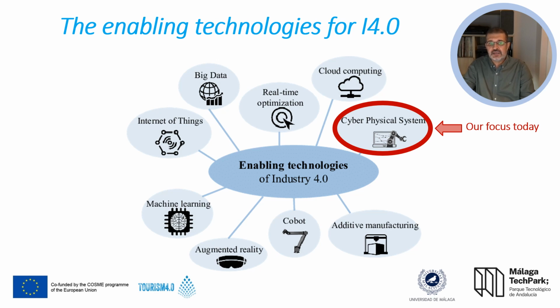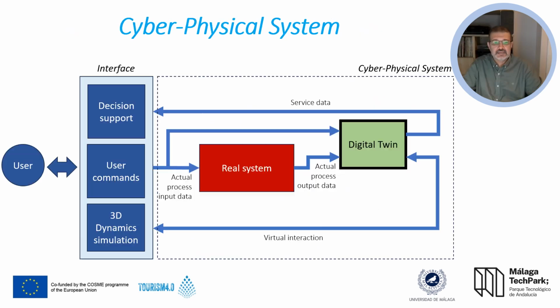And the lesson today is based on cyber physical systems, so we can look at what is the connection of this technology with tourism. This technology is marked by a red circle in order to speak in detail about cyber physical systems.